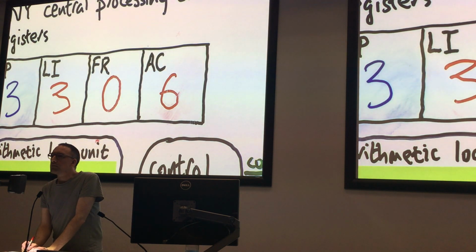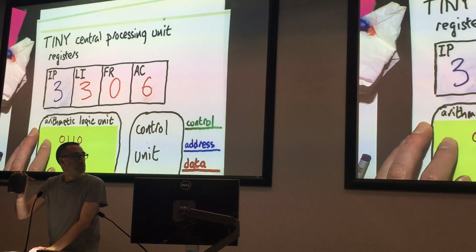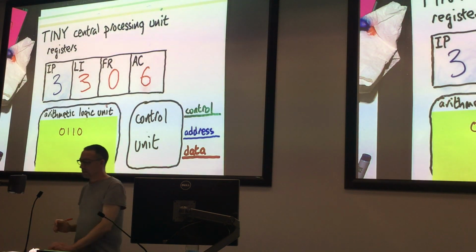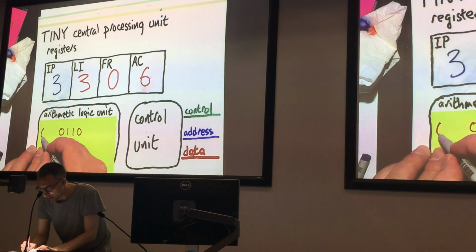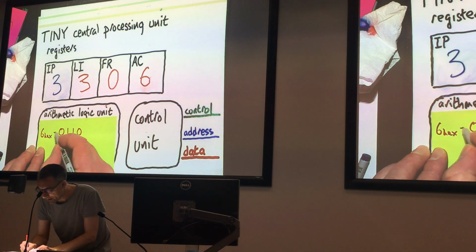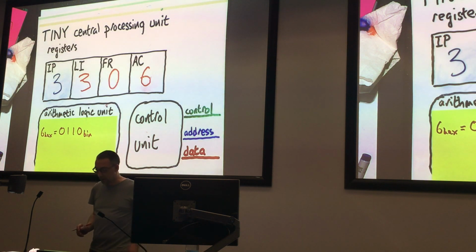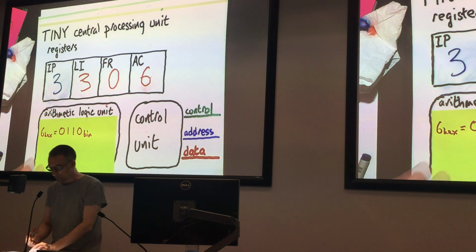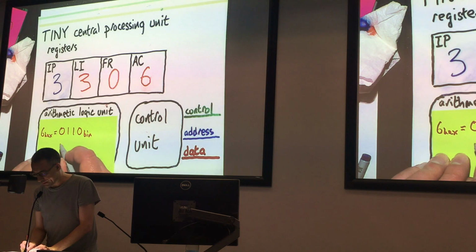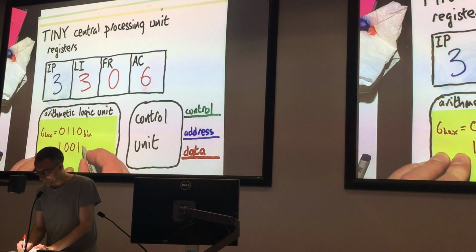What do you get if you convert that value to binary? 4 bits of 0, 1, 1, 0. Okay. So 6 in hex is 0, 1, 1, 0 in binary. In binary, we flip the bits, and we get 1, 0, 0, 1 in binary.